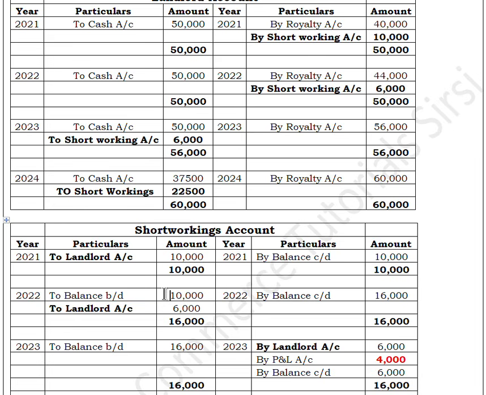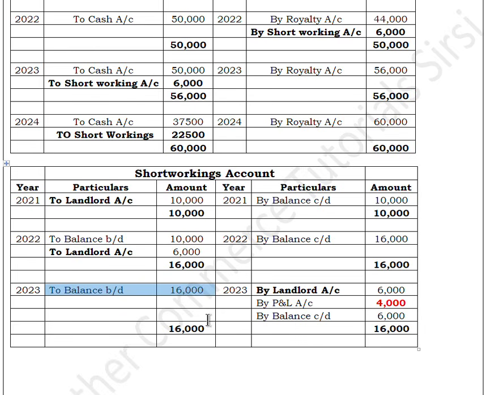So for this to balance brought down 10,000, which has come from here, 6,000 of the previous short workings gets added, so the total becomes 16,000. Again this 16,000 comes here as by balance carried down. Then this by balance carried down becomes to balance brought down for the year 2023.